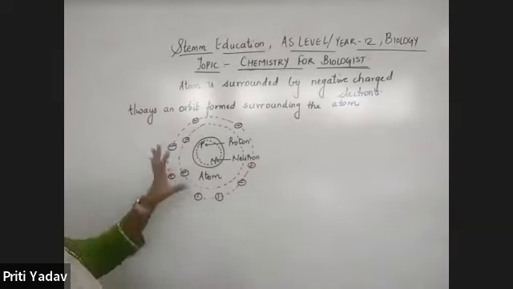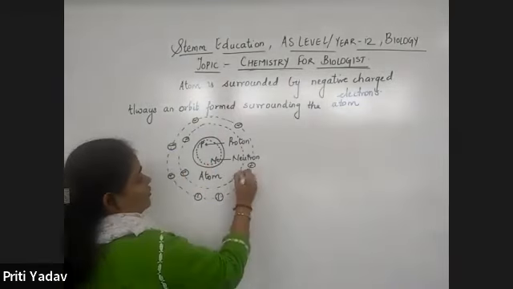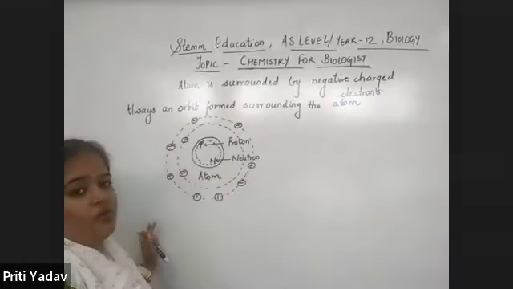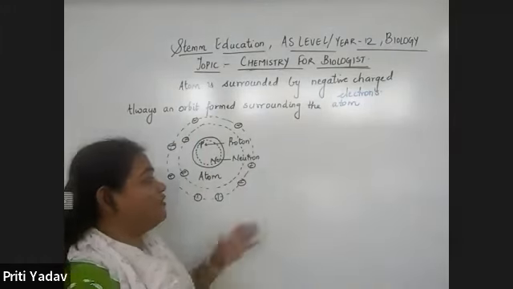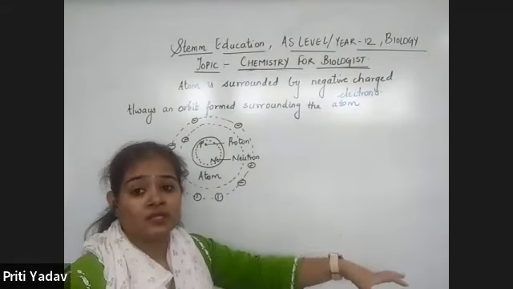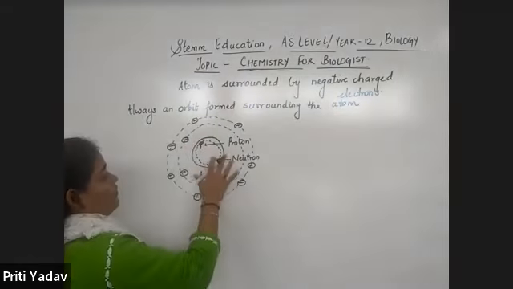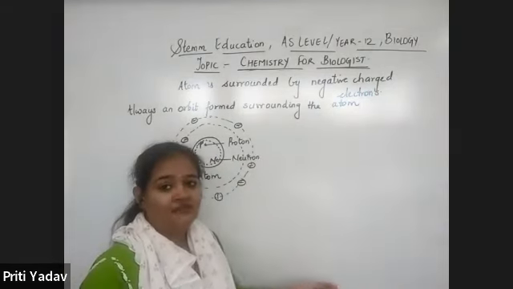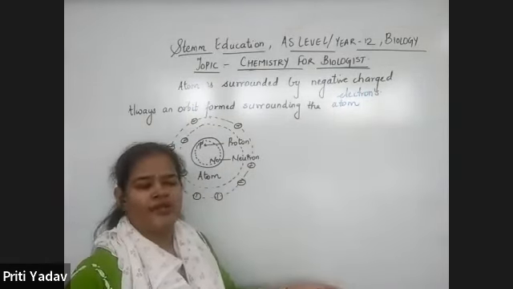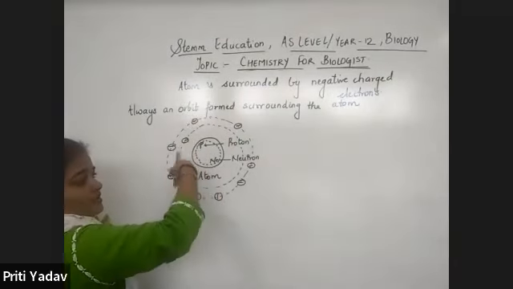For example, this is general: always after the atom, there is an orbit formed called your S shell. That orbit has a maximum capacity to hold 2 electrons, not more than that. And for the next shell, there will always be more, like 8 electrons. So I have made 2 in the first and 8 in the next.